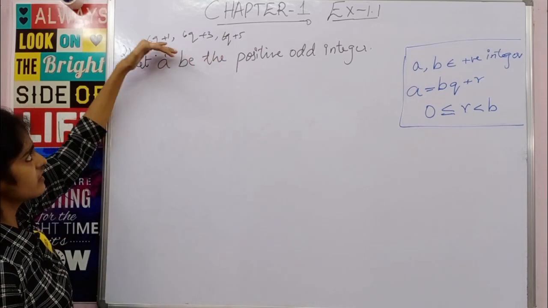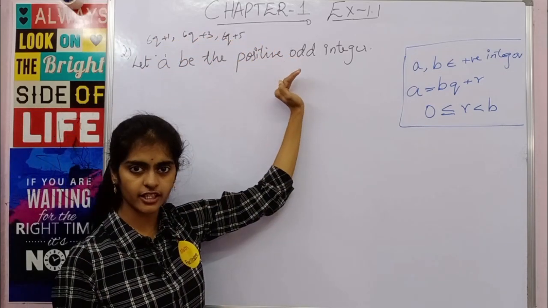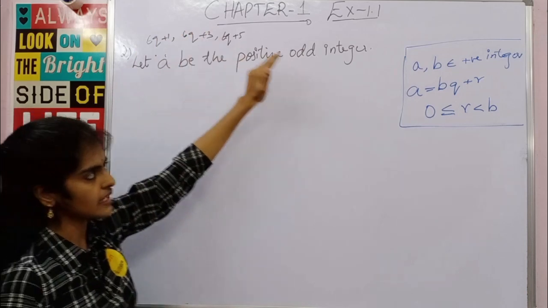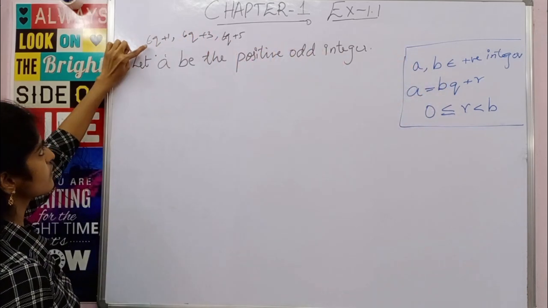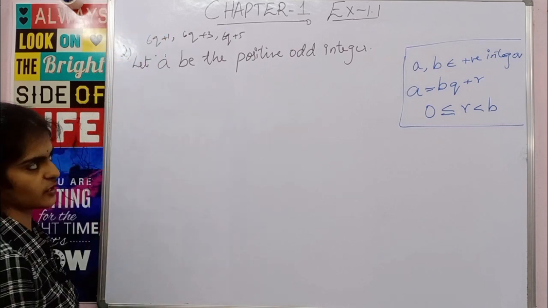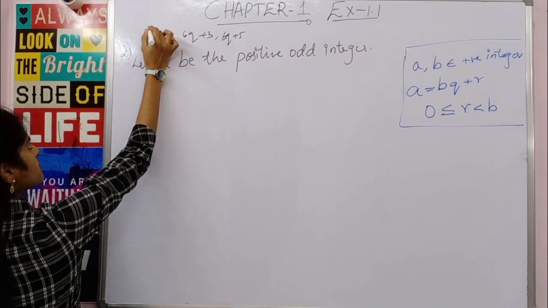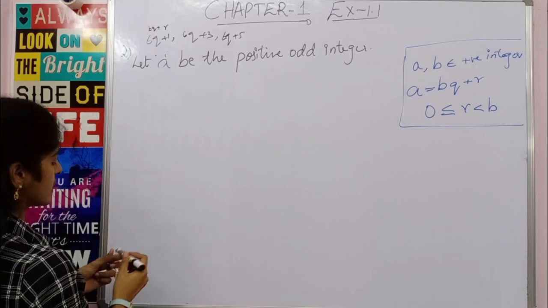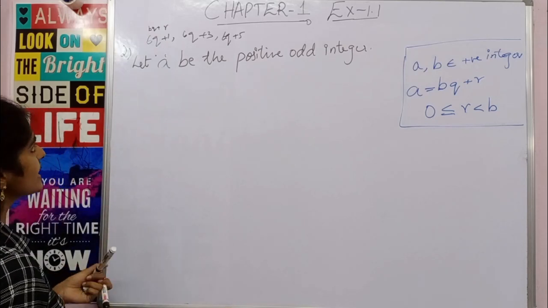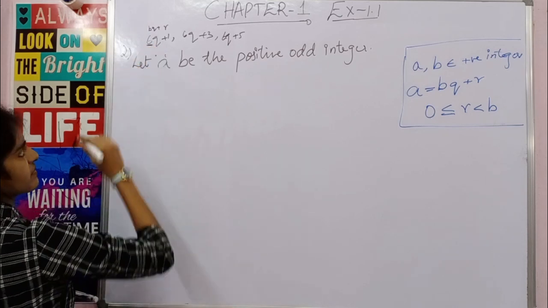Whenever a question is given to you, you will compare it with Euclid's division algorithm. Now just see, it is of the form BQ plus R, right? Just by looking here, you can see that B is nothing but 6.